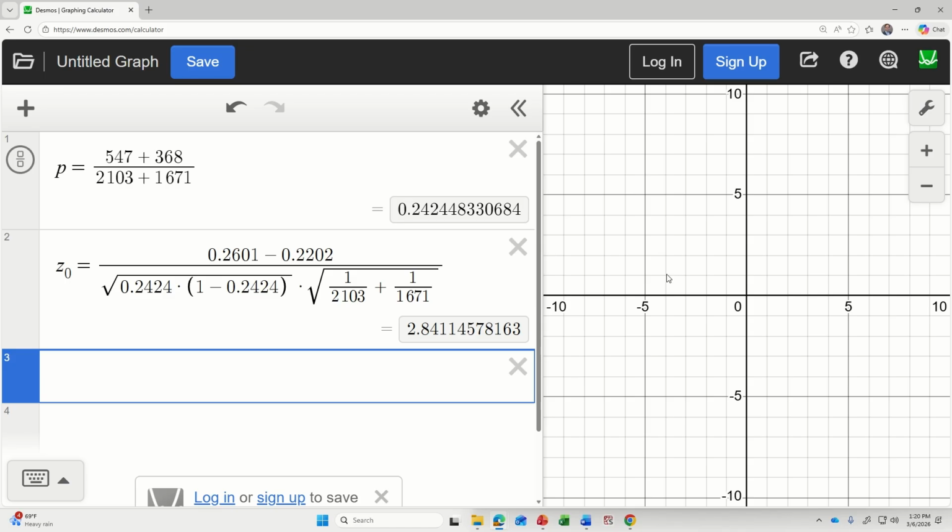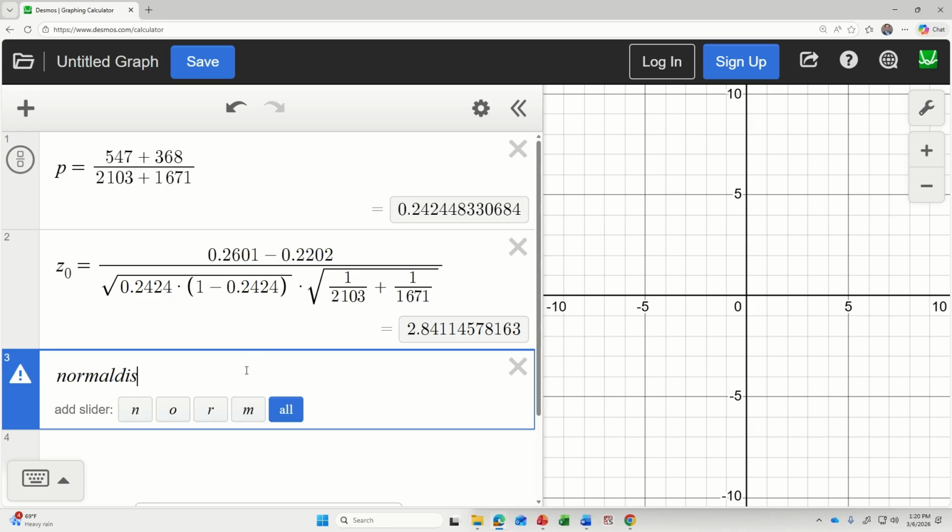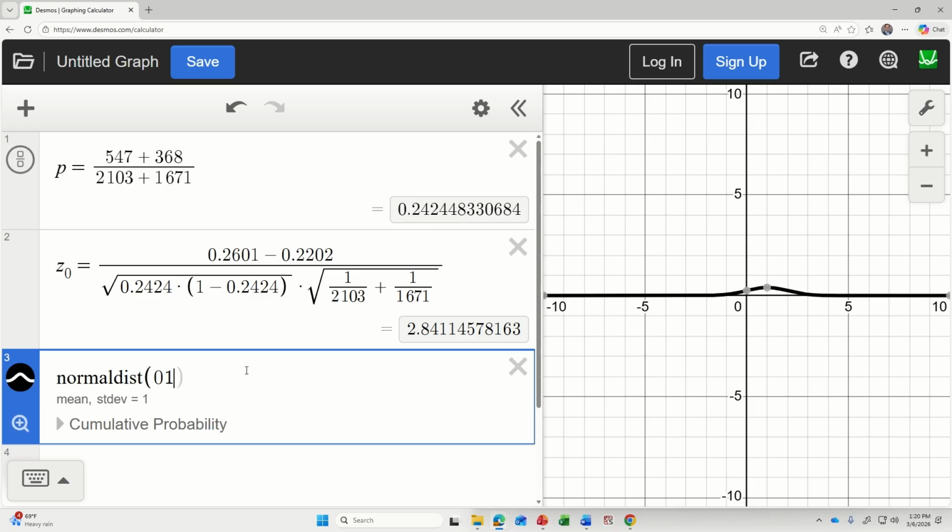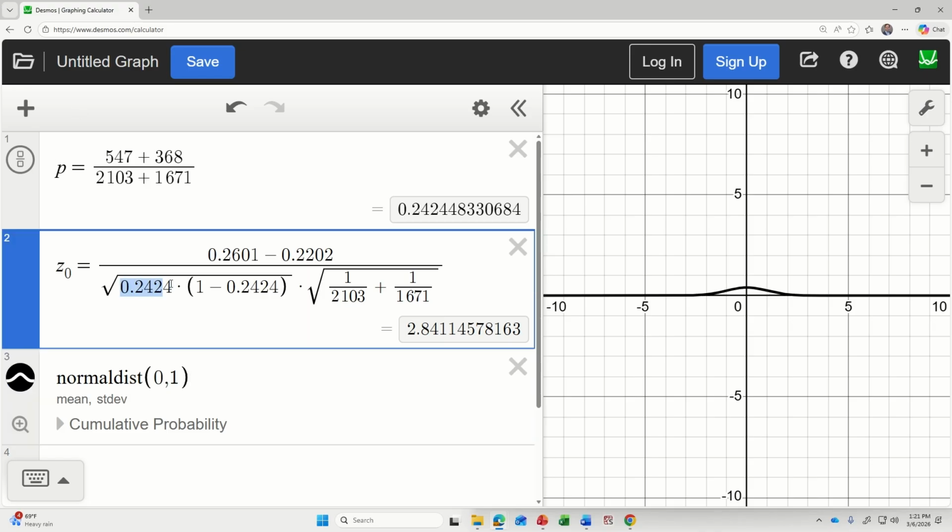And now that we have our test statistic, the next step in Desmos is to make a standard normal distribution. And by the way, I've said this before in class, but if you didn't want to retype out the 0.2424 every time, you could also just type in the letter P, because with the first line, Desmos knows what P is.